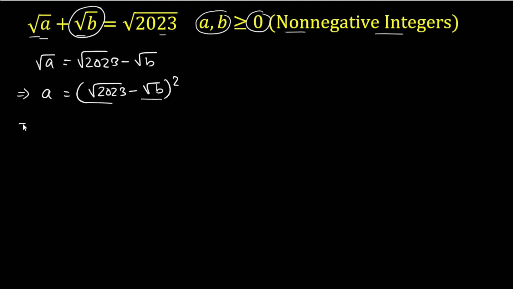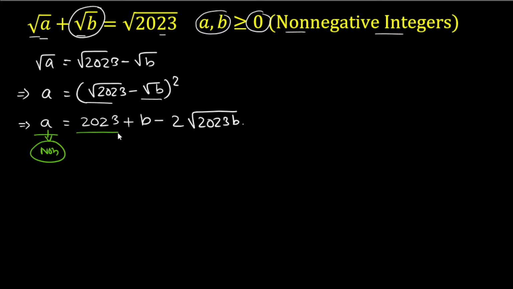Now we'll expand it, and on the left hand side we have a, that is equal to 2023 plus this square value will be plus b, and negative 2 times square root of 2023 times b. Now we'll analyze this equation. We have a is a non-negative integer, 2023 is a positive integer, and b is also a non-negative integer.